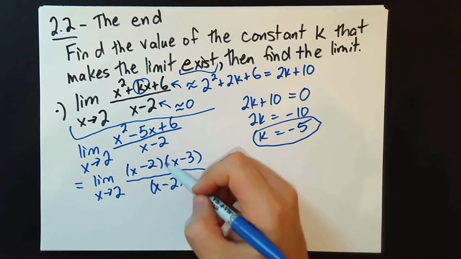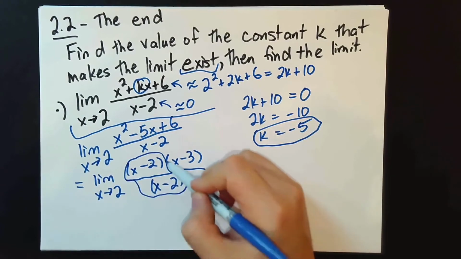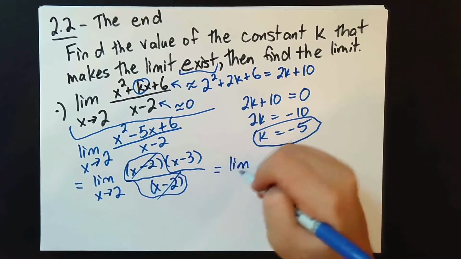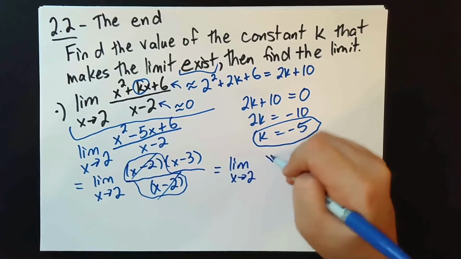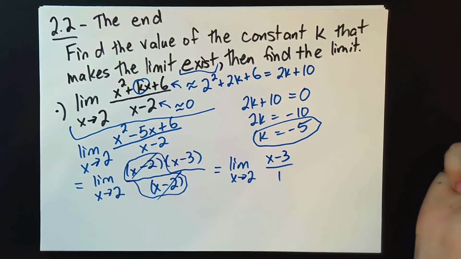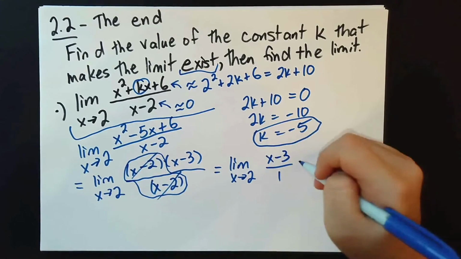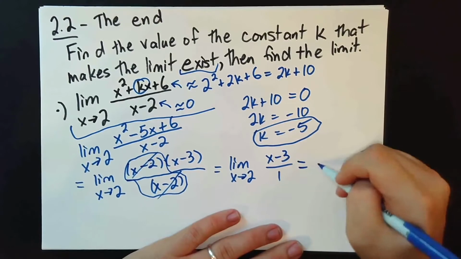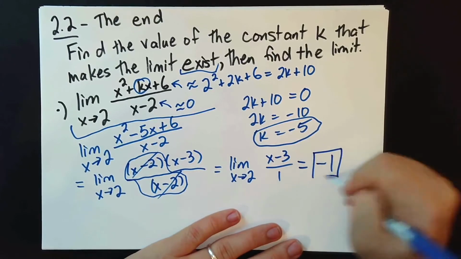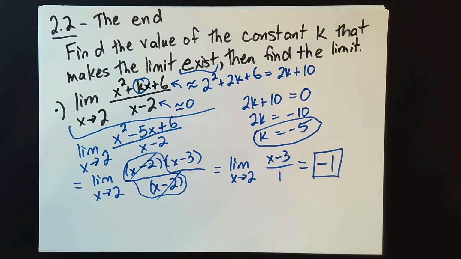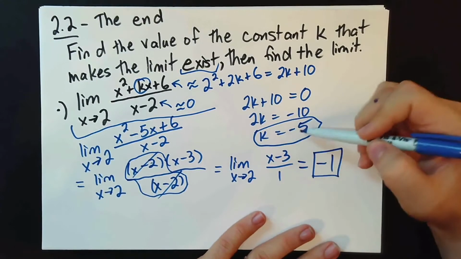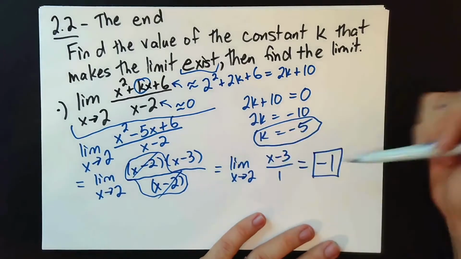But now I've got this x minus 2 and this x minus 2, so those cancel. And so this is the same thing as the limit as x goes to 2 of x minus 3 divided by 1. And what's that? That's just 2 minus 3, which is minus 1. So this question really has two parts to the answer. One part is the k equals minus 5, and then the other part is the minus 1.